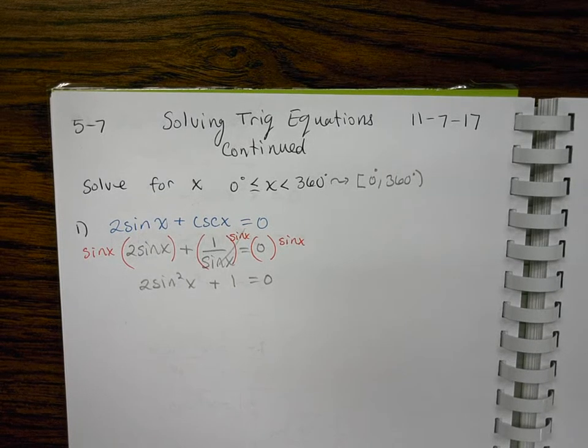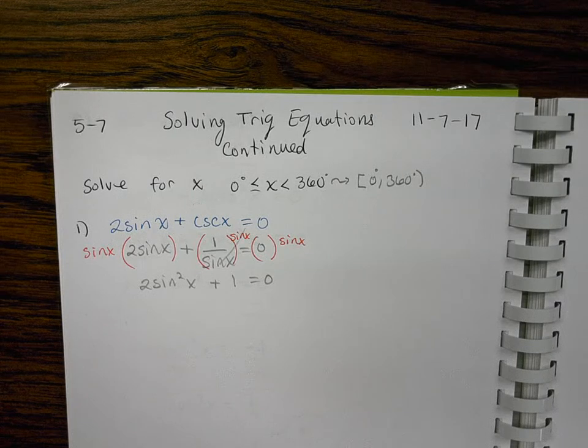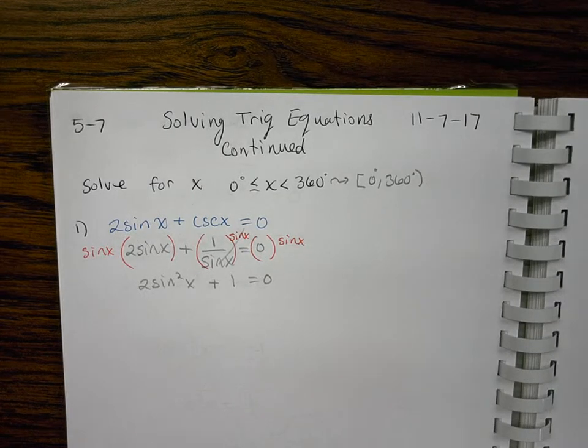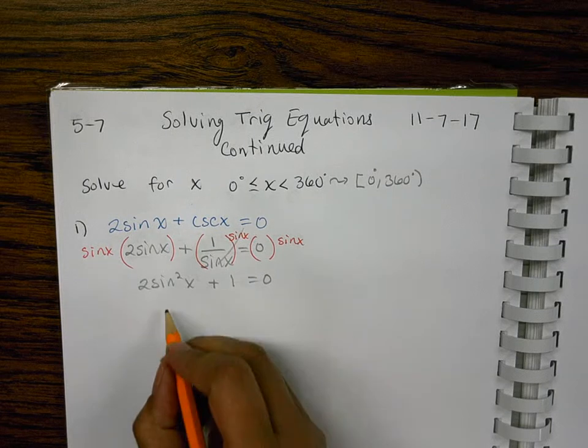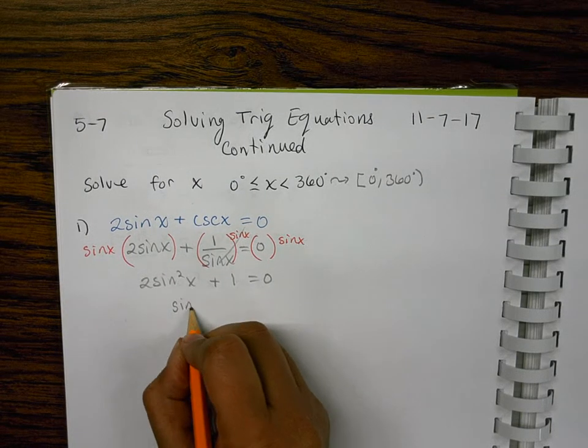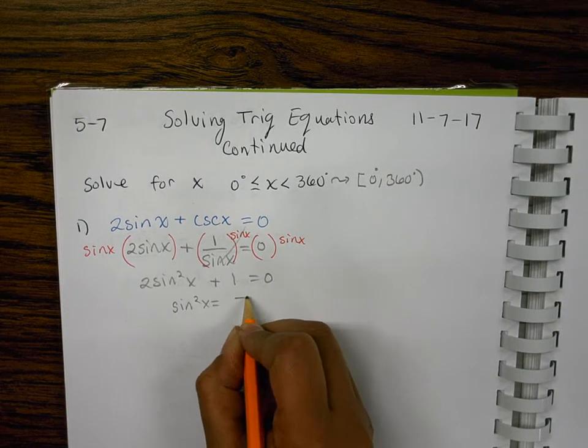I'm going to give you a few seconds to solve, subtract, divide. I'm hoping you can do that all in one step. If not, that is perfectly fine. Sine squared x equals -1 divided by 2.